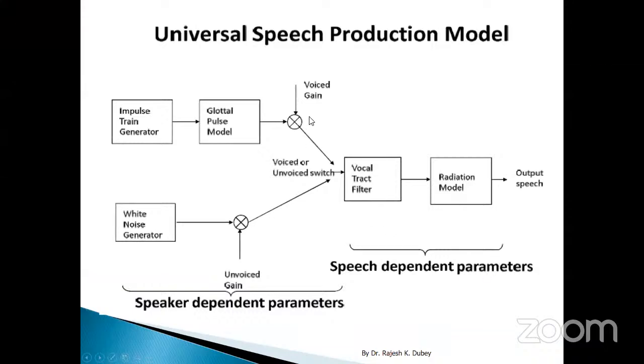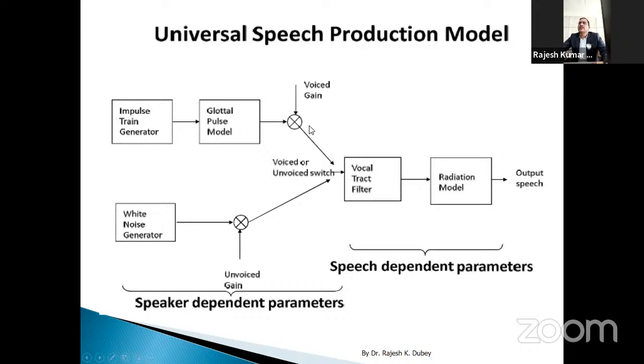So this universal speech production model is actually modeling two parts. The upper part is for voiced sound and the lower part is for unvoiced. Here a switch is there. When we are speaking, when we are producing a speech signal, our mind is automatically adjusting that switch for when we are producing voiced sound and when unvoiced sound.